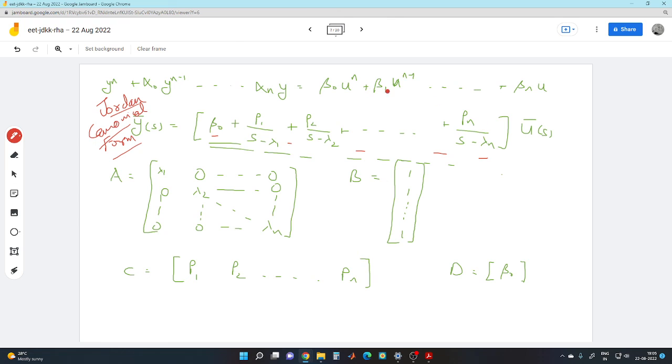One of the requirements is that lambda 1, lambda 2, lambda 3, all eigenvalues should be unique. So we can express it as beta naught plus p1 by s minus lambda 1, plus p2 by s minus lambda 2, and so on. Then A is the diagonal matrix having these eigenvalues, B is equal to unity, all entries are unity, C is equal to P1, P2, P3 up to Pn, and D is equal to beta naught.